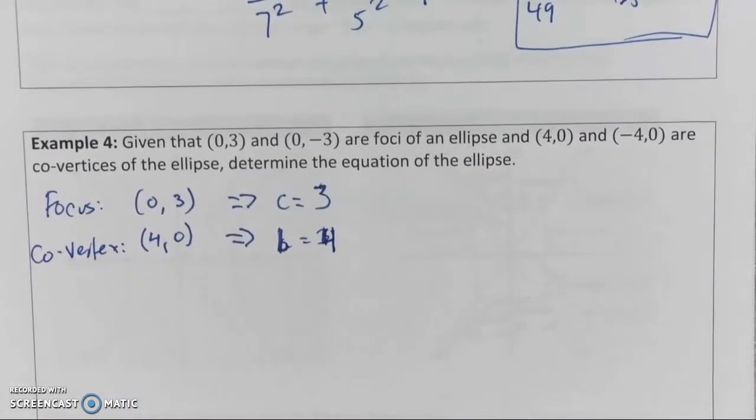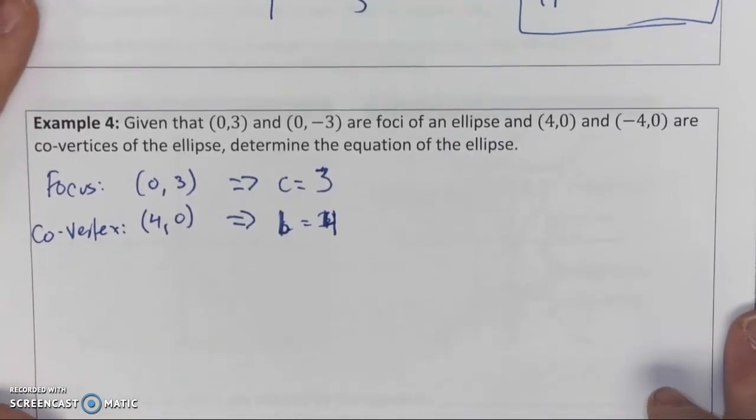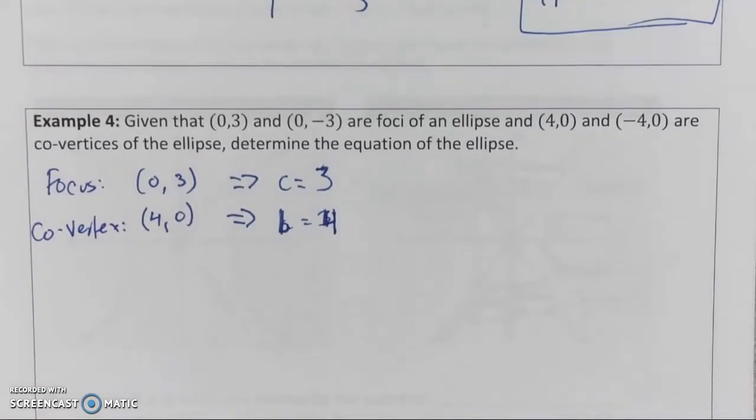So your co-vertex is 4 comma 0. So what we're going to want to do is find a squared, because that would allow us to write the equation of the ellipse. We always need to find a and b. That's always our goal. We want to find a and b, or a squared and b squared.